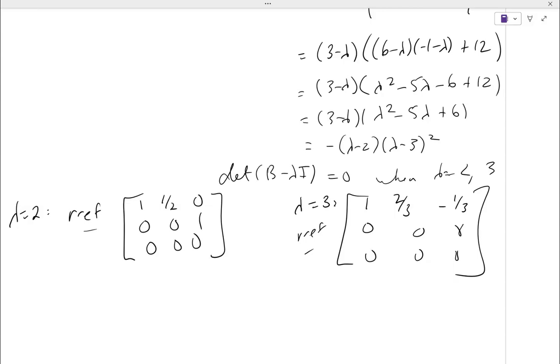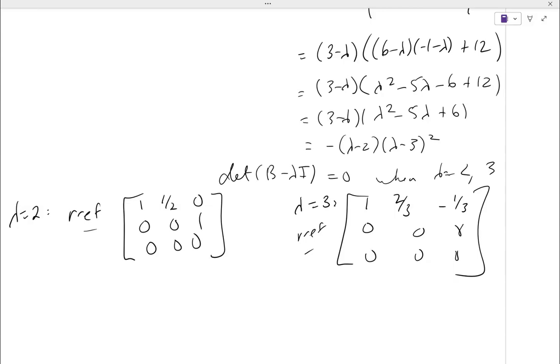Over here, how many free variables do we have for lambda equal to 3? 2, and the power on the lambda minus 3 factor is 2. Multiplicity 2 for the root, dimension 2 for the eigenspace. That's what we want: the multiplicity of the root to match the dimension of the eigenspace. That'll get us diagonalizable. We're going to summarize that on the next page.